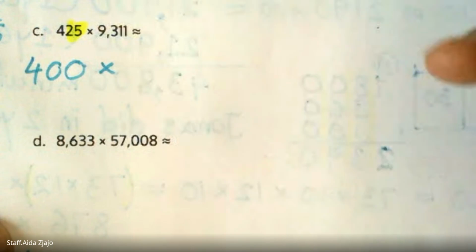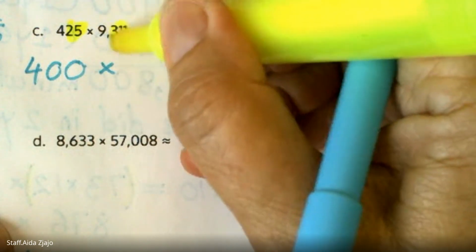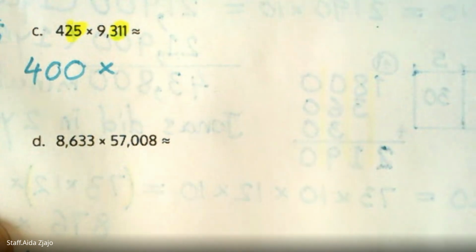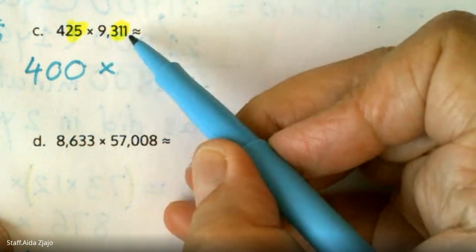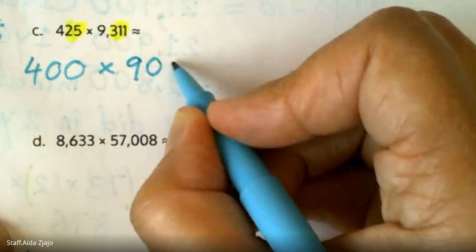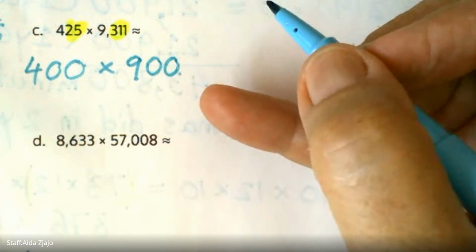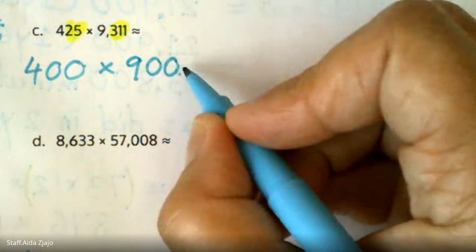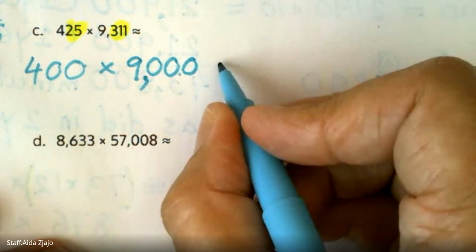This is 1,311, so I only have a 311, so I can't have a new 1,000 because I don't have even 500. That is half of 1,000, so this has to stay 9,000.